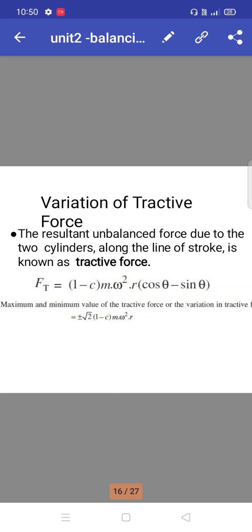The maximum and minimum values of the tractive force, that is the variation in the tractive force, is equal to plus or minus root 2 into 1 minus c into m omega square r.